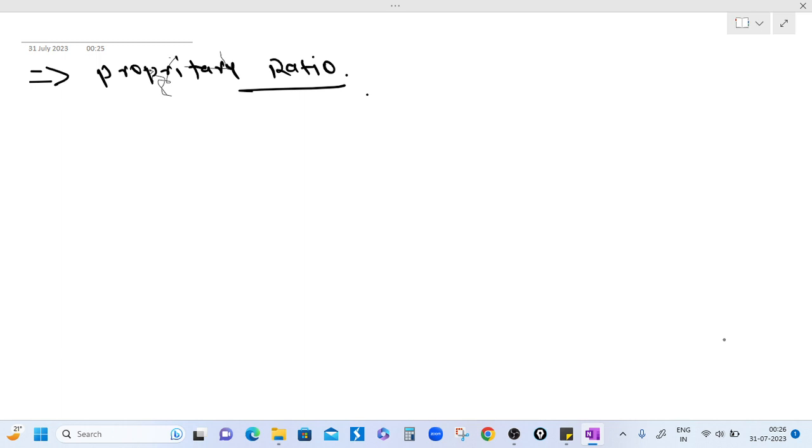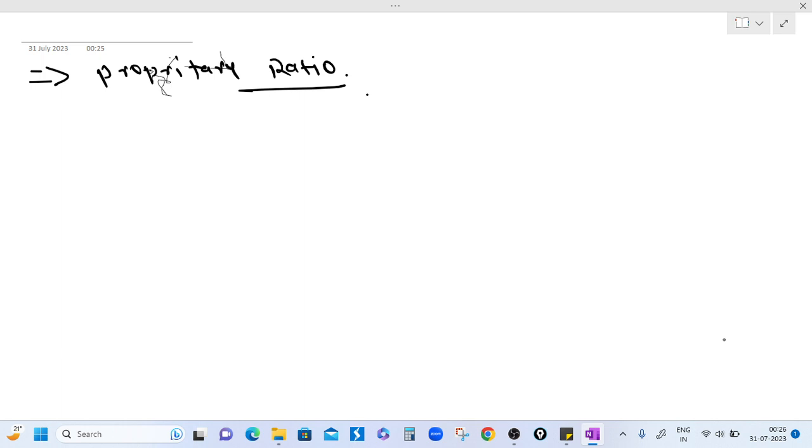So if you want to know what the shareholding is in a particular business, you can calculate this ratio. This ratio would always be less than 1, but in percentage form you will come to know how much is the percentage of the shareholder.